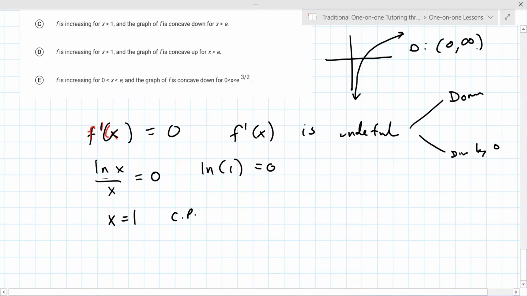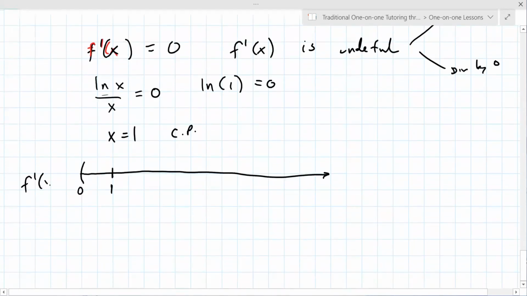You have to know this because your sign chart starts at 0, not negative infinity. And you can't divide by 0, so that point's excluded. So you pick something from 0 to 1 and then from 1 to infinity.